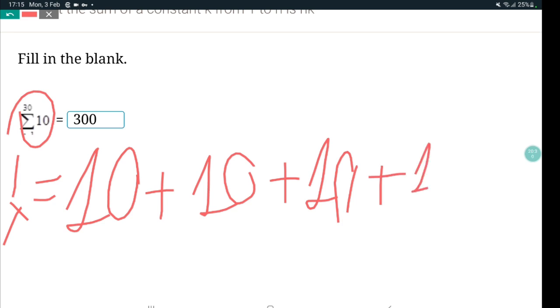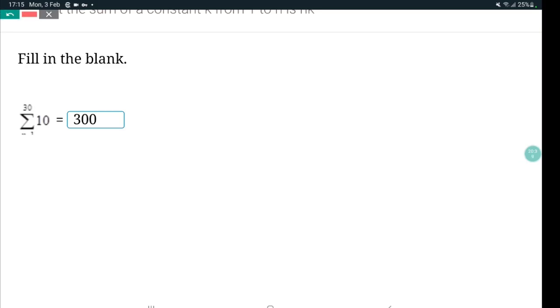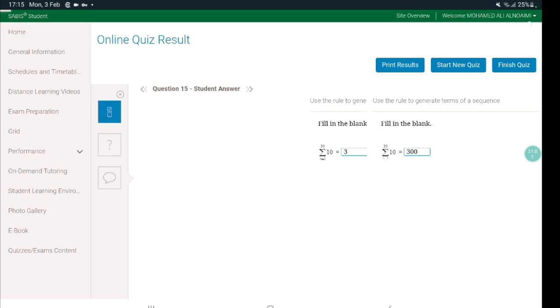It's going to be 10 until it reaches 30 tens. So simply do this times this, you're going to get 300. You're going to get the answer if it has no n. But if it does have n, like in the equation, then you can't do this. Only do this when there is no n. Okay, question 15 now.